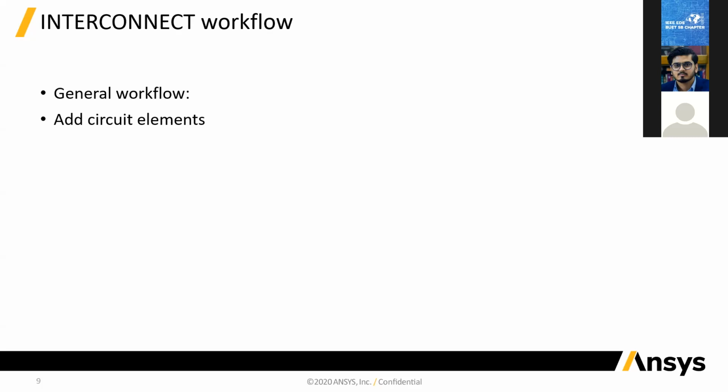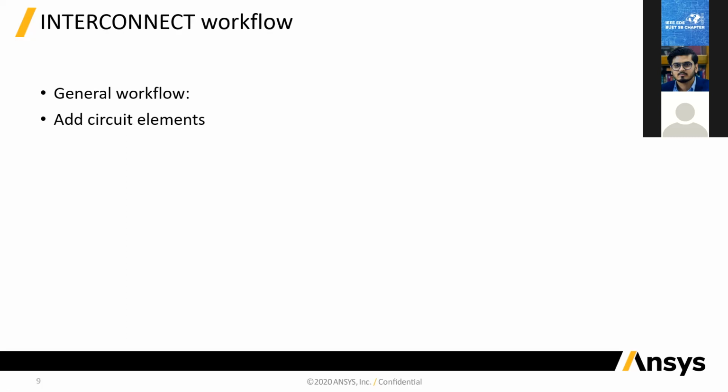That way you will have all the components that the foundry offers available in the INTERCONNECT element library as well. So you can drag and drop a waveguide that the foundry offers as part of their process, or a Y splitter that's part of their process, and then add them to your schematic to build your circuit.